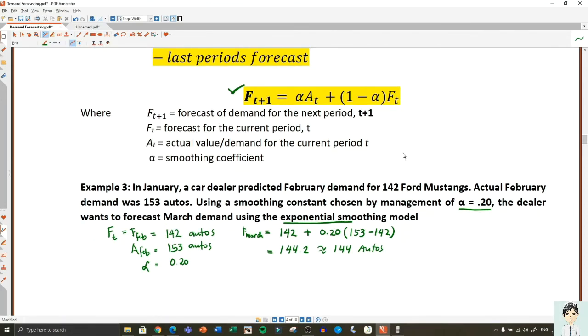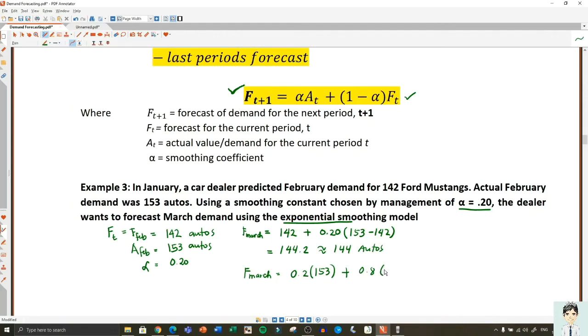Using this formula naman, diba? Using that formula, forecast for the month of March is equal to what? Alpha is 0.2 multiplied by the actual demand 153, plus 1 minus alpha, 0.8, diba?